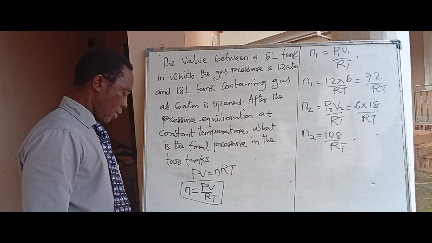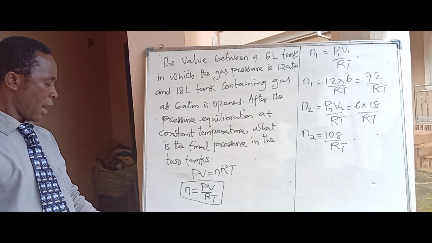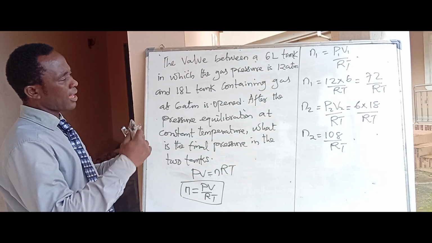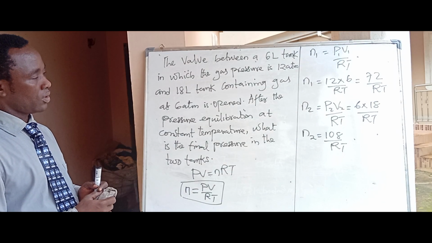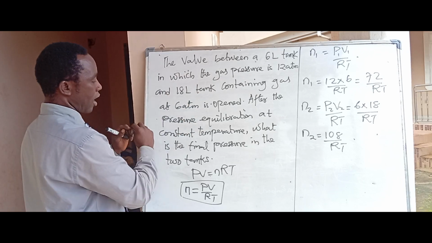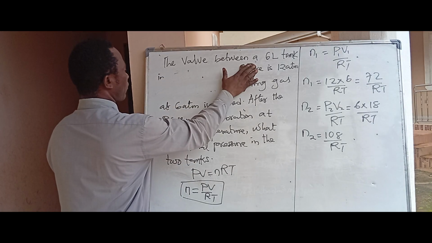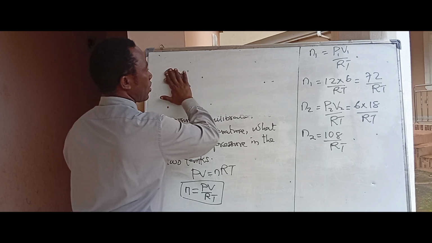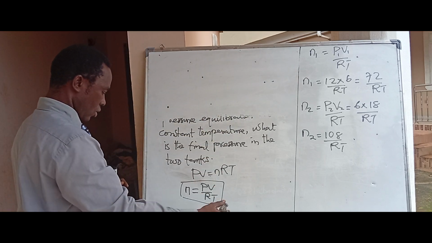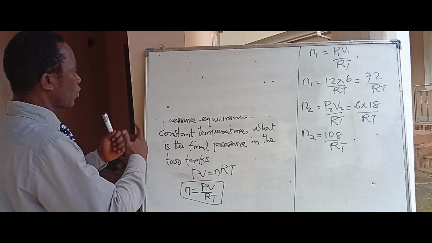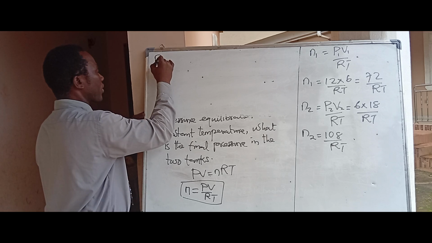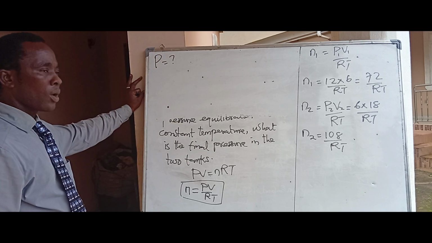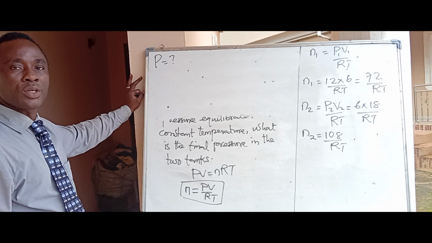Now, having obtained N2, what happens after equilibration? When the two are equilibrated, the volume will be different, while the pressure will be different. After equilibration, we are looking for the pressure P. What is the number of moles after equilibration?